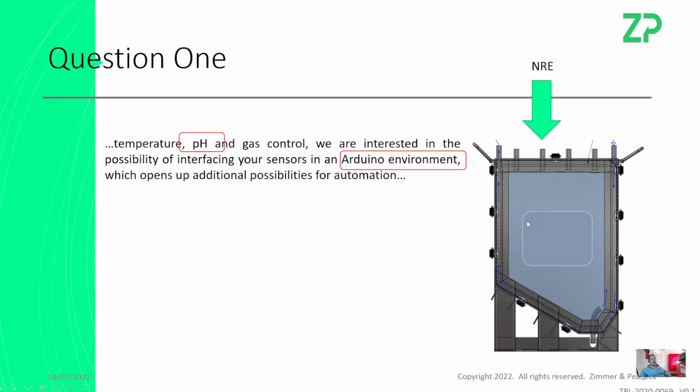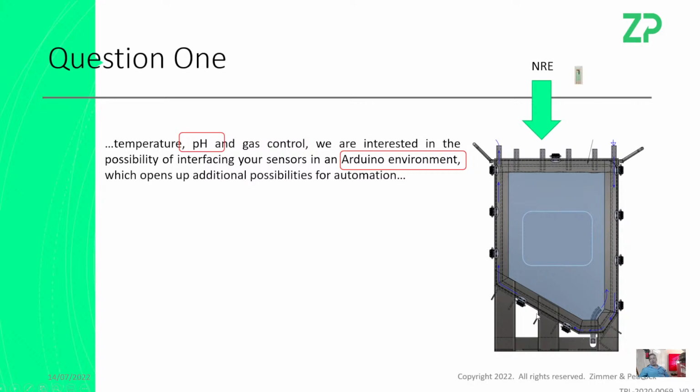So the biggest thing here is actually NRE. NRE is non-recurring engineering charge. Somebody's got to sit down and do the engineering to make sensors that Zimmer and Peacock have. Our sensors, as I've sketched, are intrinsically quite small. The whole object is about 7 millimeters by 25 millimeters, so we're small compared to the application itself.